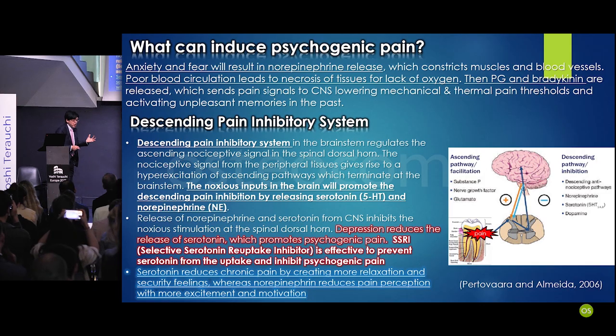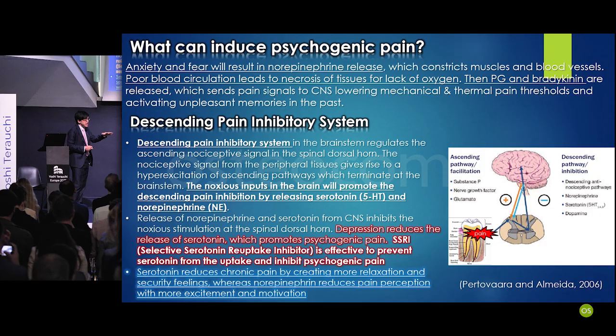But if you are normal, if you are healthy, everybody has descending pain inhibitory system. What is a descending pain inhibitory system? When you get injured, body reacts immediately to the injury. Then the next thing that body does is the body will release norepinephrine and serotonin.